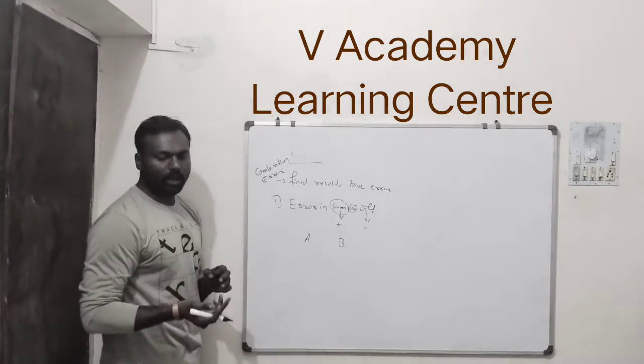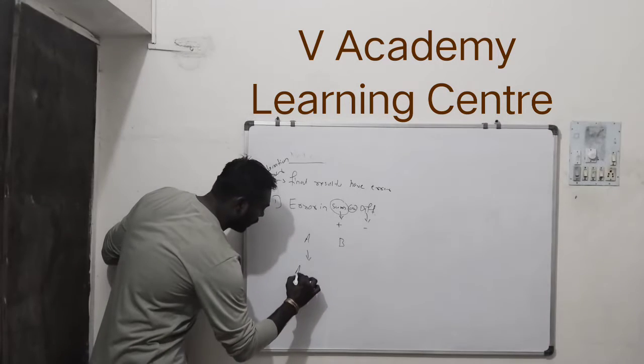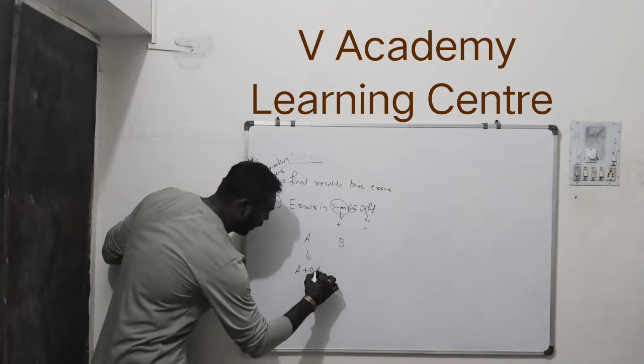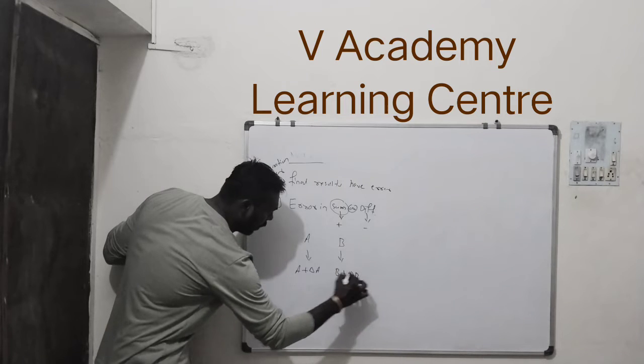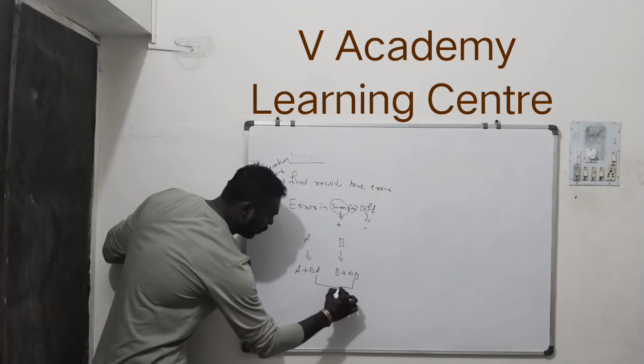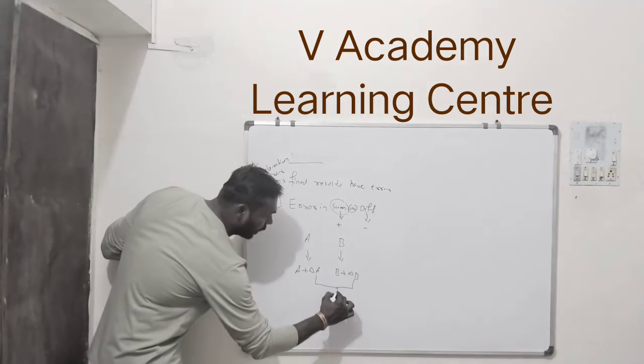While measuring, if the error is added, it is A plus delta A and B plus delta B, and only delta A and delta B are errors.